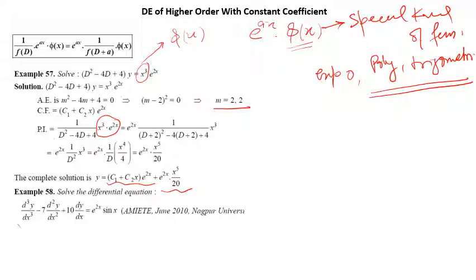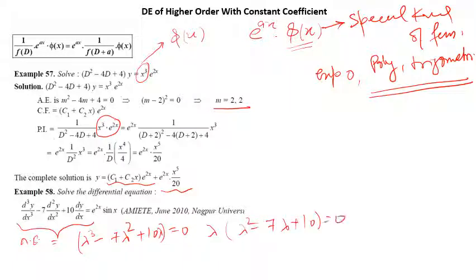Similarly, solve this problem. The auxiliary equation is given by lambda cube minus 7 lambda square plus 10 lambda equal to 0. Lambda square minus 7 lambda plus 10 is equal to 0.